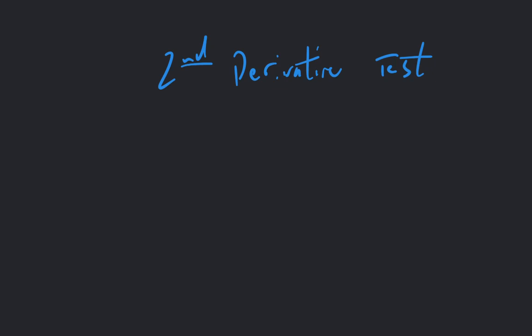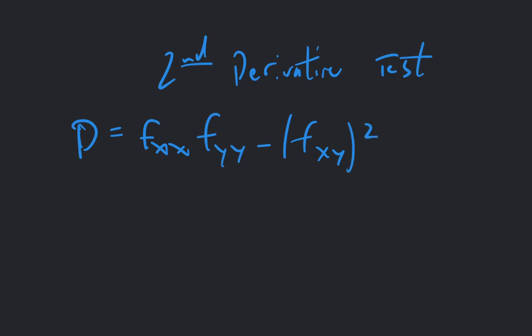A second derivative test. So in multivariable calculus, you'll see D. I'm guessing that's the determinant, but they have it as fxx fyy minus fxy squared.